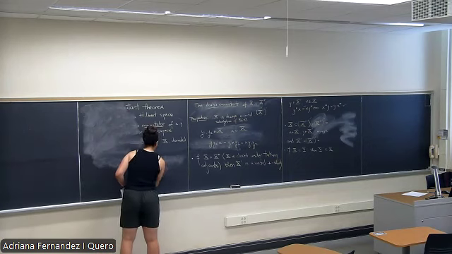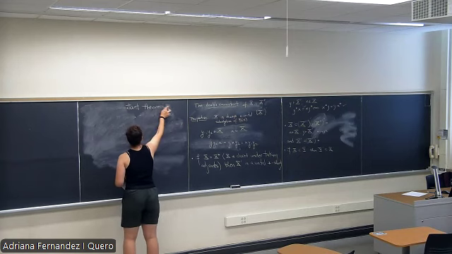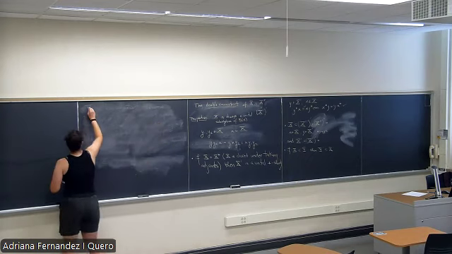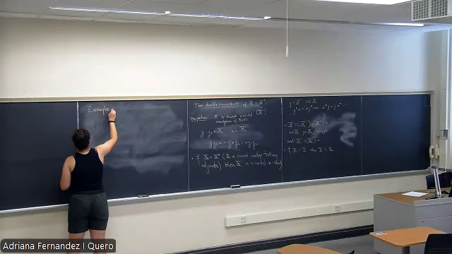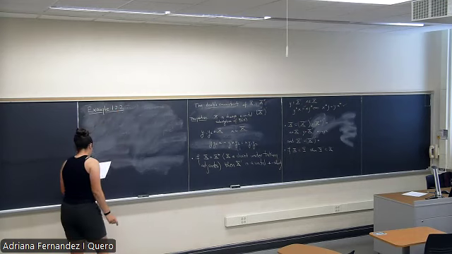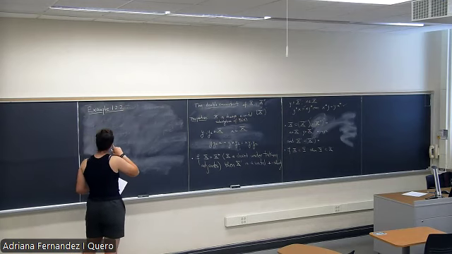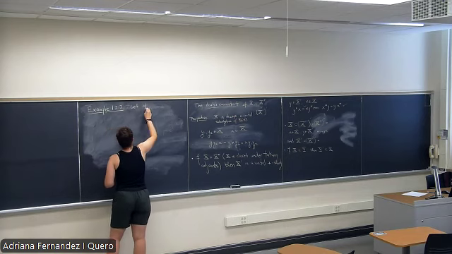Okay, so the first one, let's look at B of H. For those following the notes, this is example 1.2.2. First, let H be a Hilbert space.